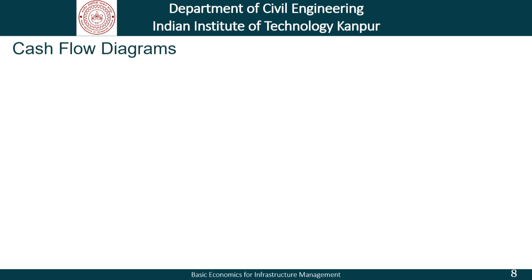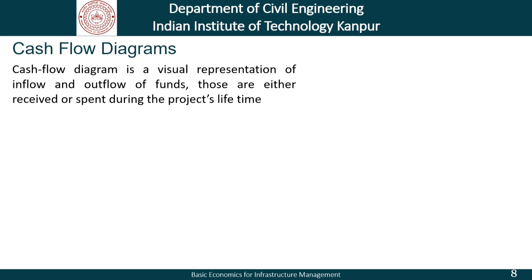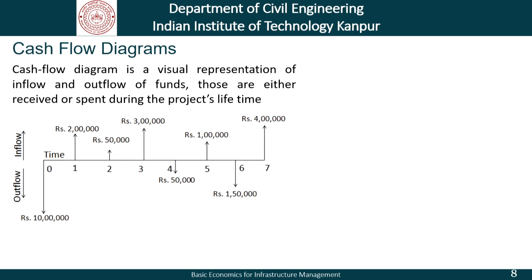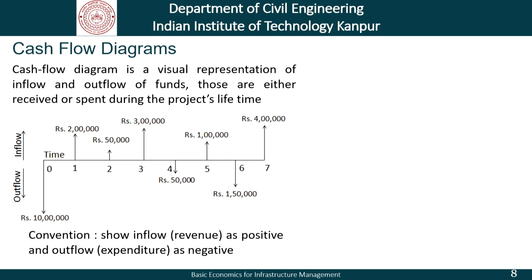Moving forward, let's look at what we call cash flow diagrams. Now, a cash flow diagram is a visual representation of the inflow and outflow of funds. Those are either received or spent during the project's lifetime. This is an illustrative example. The convention we have followed is that the inflow is positive and the outflow is negative.